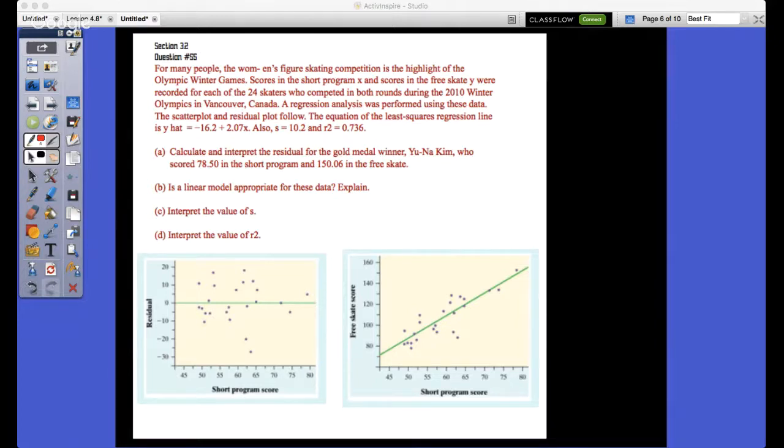Now, I will be honest, if I was to do that right now, the only thing that I would do is go to my L3 list. Do you remember that? After I found my residuals in L3, I would do one variable statistics of my residuals.